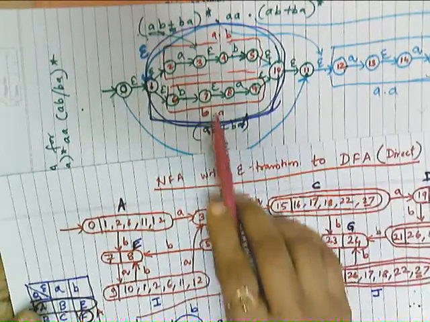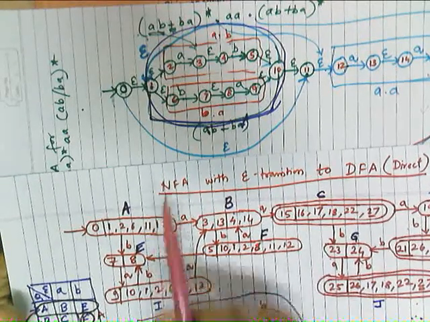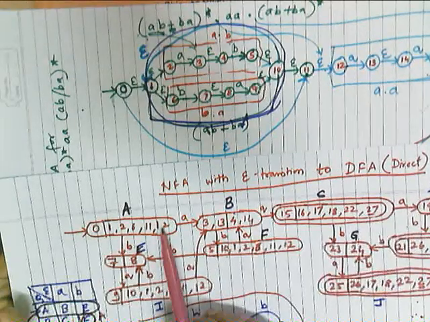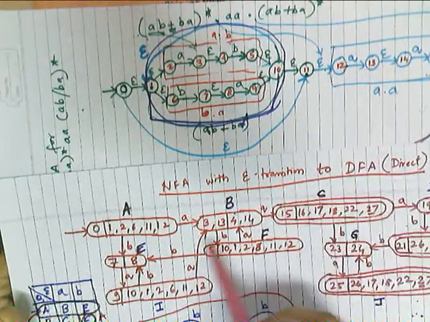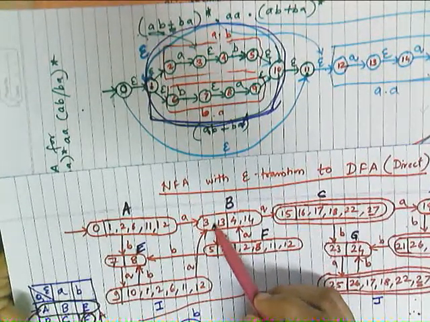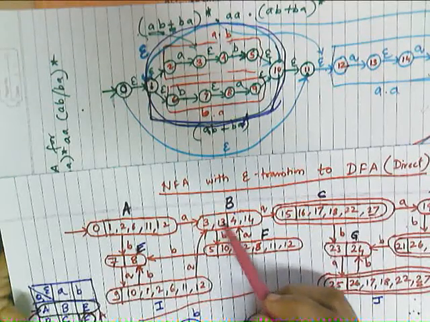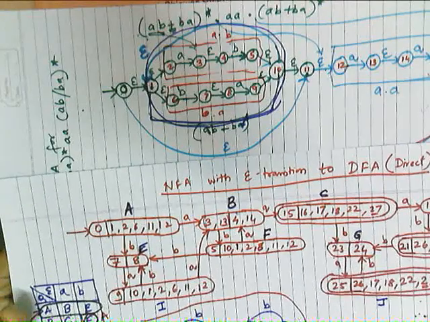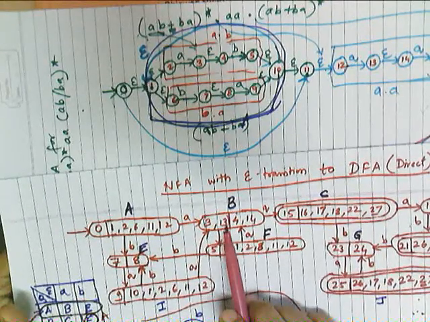So next we have to check it for 11. 11 with A moves nowhere, but 12 with A moves to 13. So now in the first part you will be having 2 states, 3 and 13, in a square bracket.